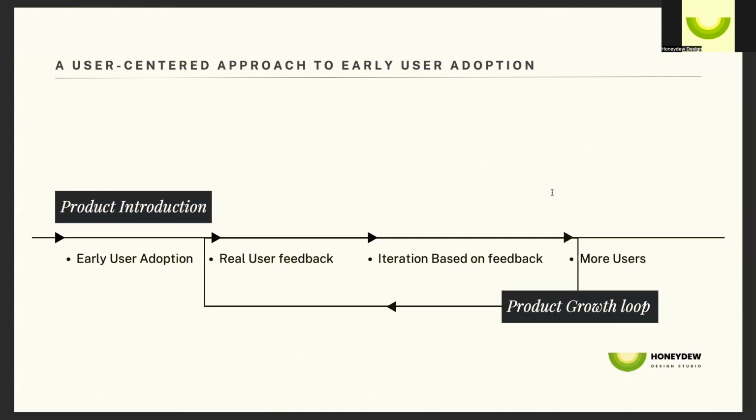This loop is what we call the product growth loop. Once a tech product has entered this loop, we can define it as a relatively successful product. But all of this happened because we had a very initial starting point: early user adoption.